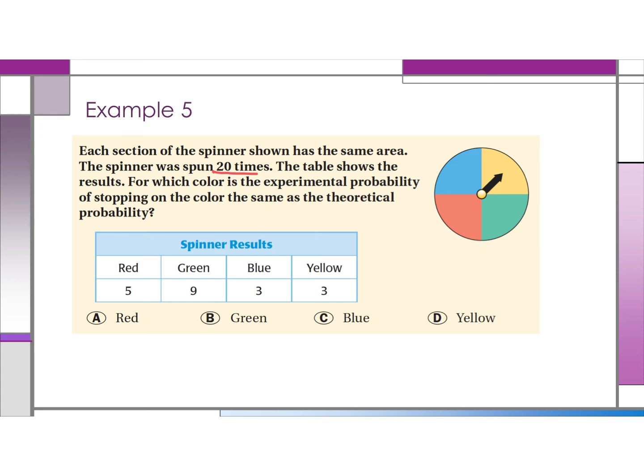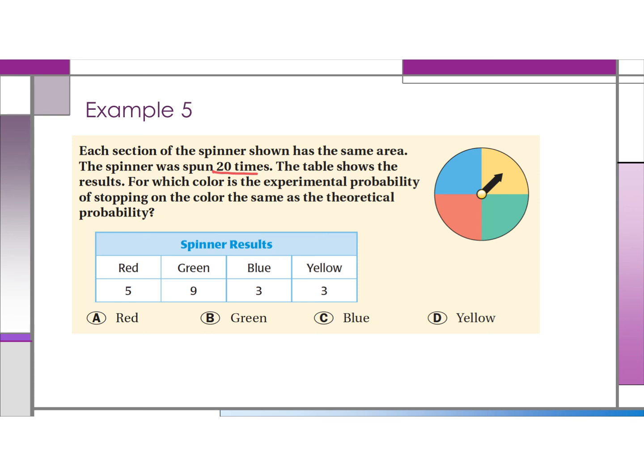Now, keep in mind, when you're doing this experiment, there are different factors that can affect the results. Let's say this spinner was sitting on a table that was slanted, and maybe it was leaning where it was more likely to land on the green. So sometimes there's outside things that can affect a spinner, because theoretically it should land on the blue, the yellow, the green, and the red the same number of times.